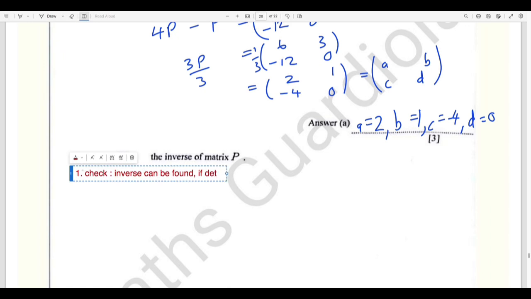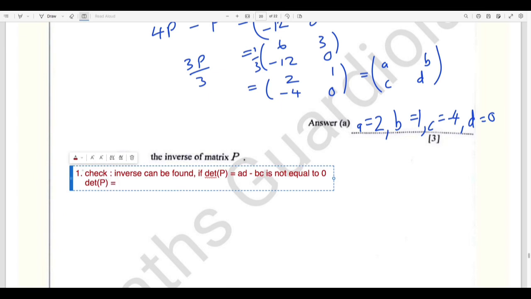If the determinant is not equal to 0, then the matrix has an inverse. So you now need to find the determinant of the matrix P. Okay, so how do we find the inverse of a matrix?